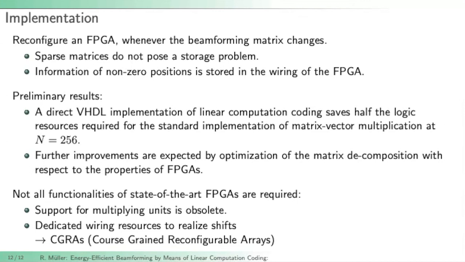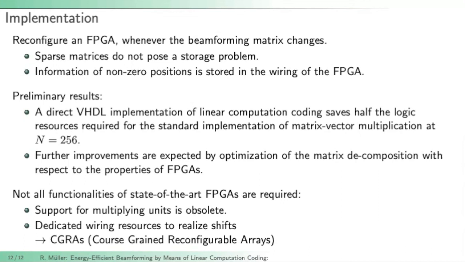I already have some preliminary results for a VHDL implementation of linear computation coding, and that indeed saves at least half the logic resources required for the standard implementation of matrix vector multiplications for matrices of size 256. However, I expect further improvements by optimizing this matrix decomposition with respect to the properties of FPGAs, which has not been done yet.